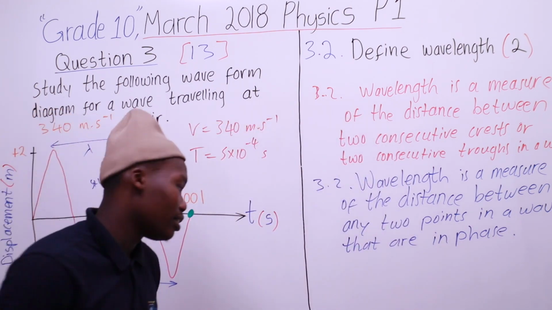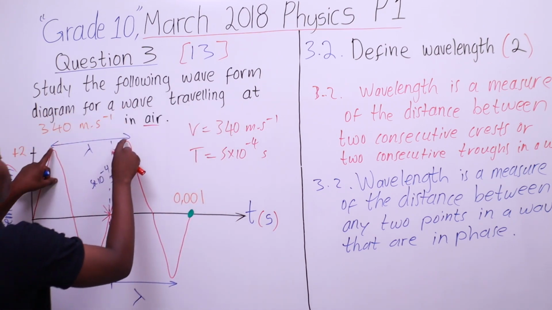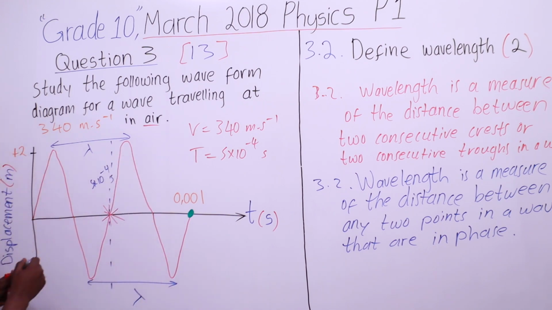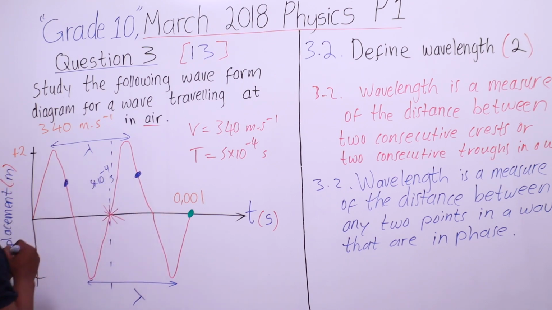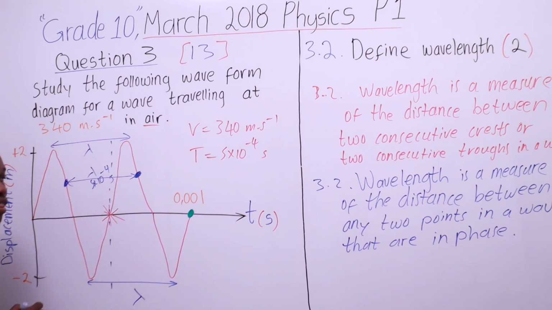It means the same thing. So Lapho, as you can see, the 2 points now are in phase. Why? They will reach the rest position at the same time. These points will reach the x-axis or the rest position at the same time. So now the distance between them is the wavelength ngakhona.